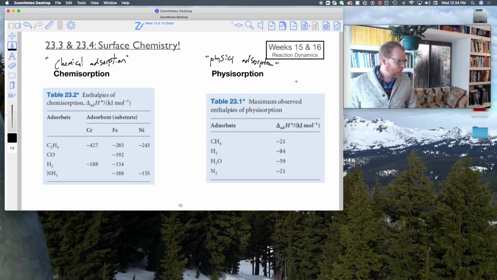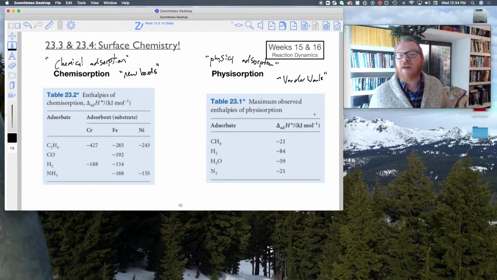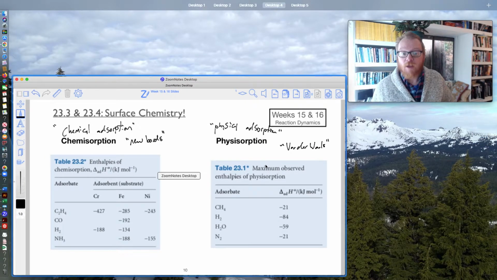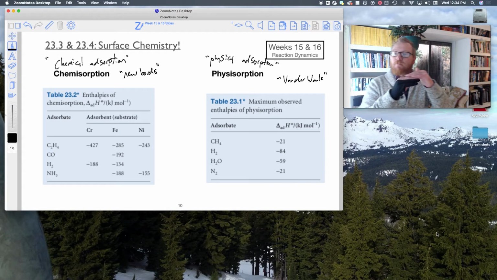Physical adsorption. So chemisorption, as you might guess, involves the creation of new bonds at the interface. So new bonds. Okay? Physisorption is typically through a van der Waals interaction, right? So in physisorption, right, the molecules might be stuck, but they can certainly become unstuck.